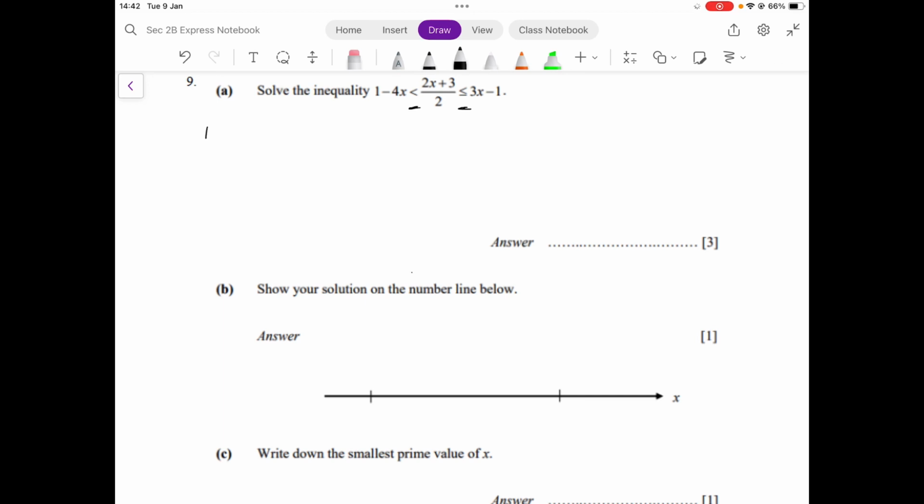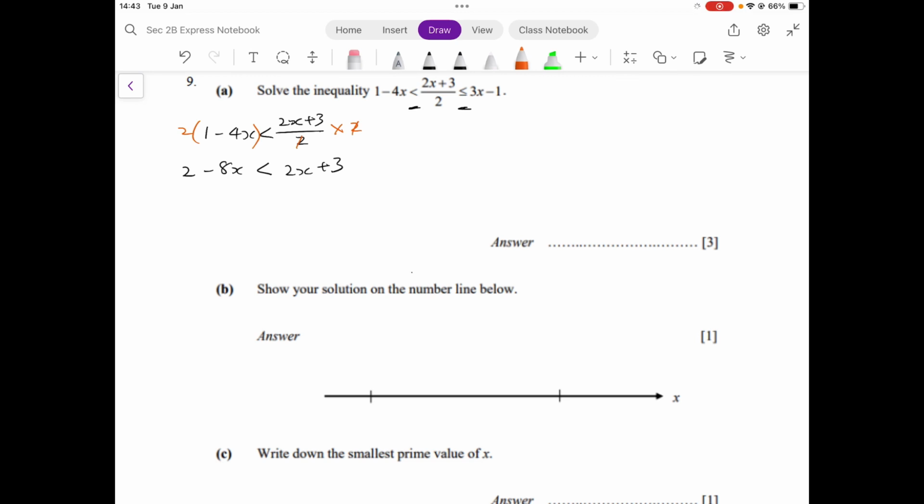So it's from 1 minus 4x, 2x plus 3. Okay, so likewise, same method. To remove the denominator, I multiply by 2. Okay, then I cancel out. Alright, so I get 2 minus 8x, 2x plus 3.